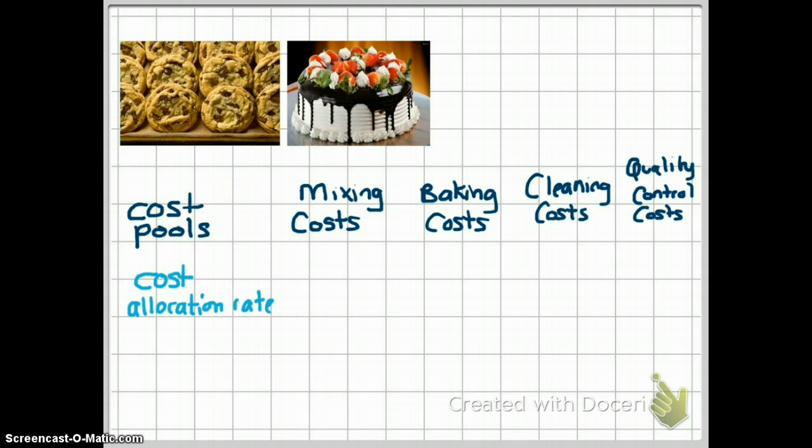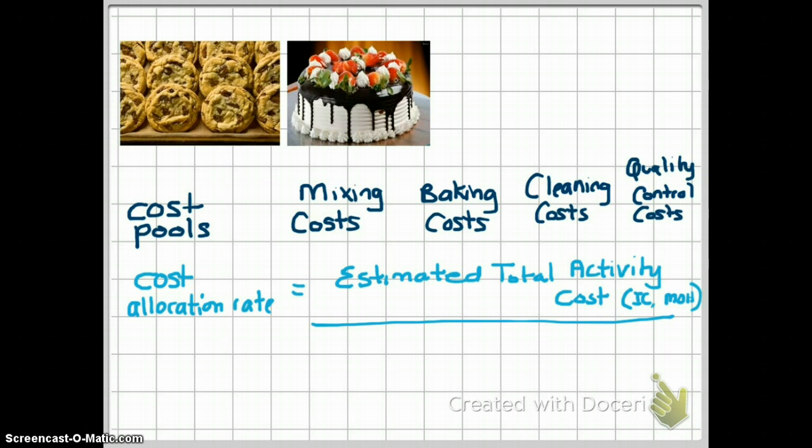Just like what we did in our plant-wide allocation, our simple allocation system, and our departmental allocation system, the way that you come up with this rate is it is equal to estimated total activity cost. Sometimes they'll call it indirect cost or manufacturing overhead.